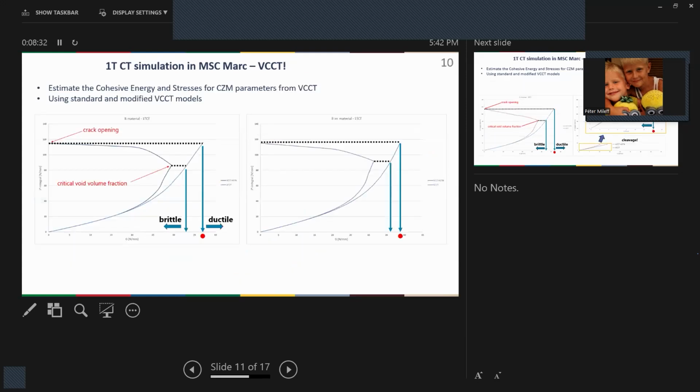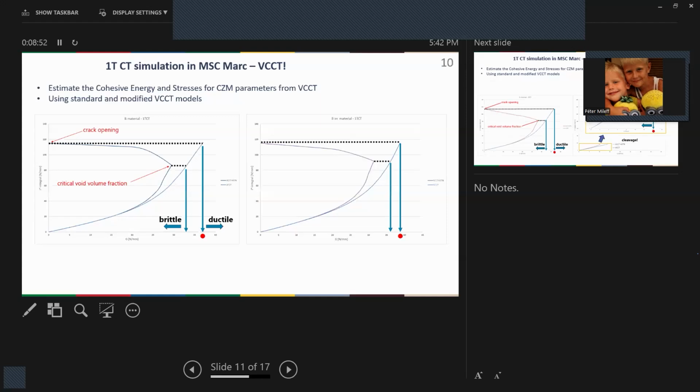After that, we wanted to connect the VCCT model with the CZM model. We wanted to estimate the cohesive energy and stresses from the VCCT method. Therefore, we illustrated the J integral values as a function of energy release rate.